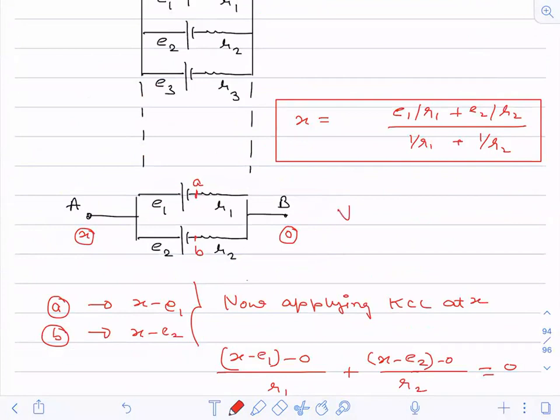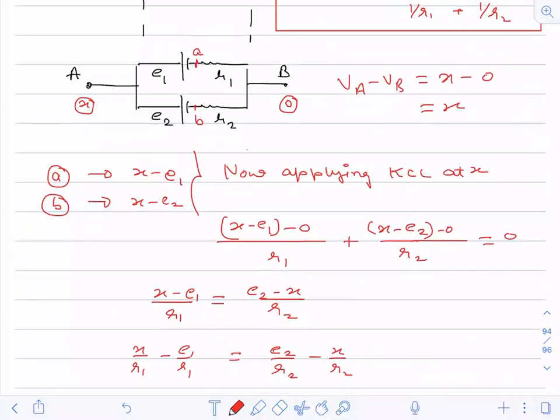VA minus VB is X minus 0, X only. So this is nothing but the potential difference across AB, the net potential difference across AB, that is X. Now this we have solved for two cells.